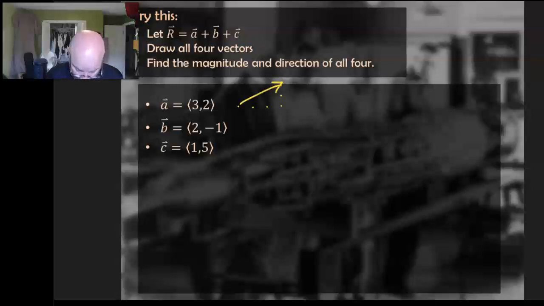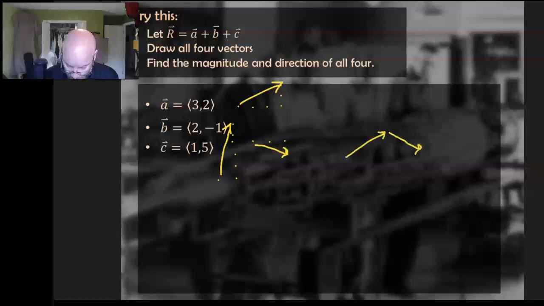B is going to be 1, 2 over and 1 down. So B looks like this. And then C is going to be 1 over and 1, 2, 4, 5 up, something like that. So if we're going to add these together, then we're going to go A, B, and then finally C. So our solution goes like this.